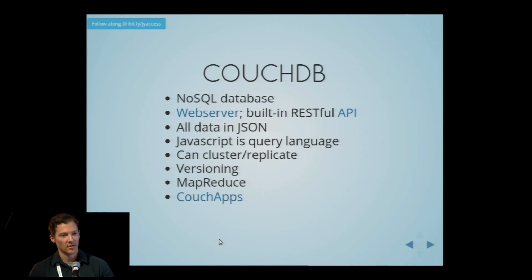So you can replicate not only your data across multiple Couch instances, but you can replicate the actual application as well, which I haven't tried out. If you just go to Couch Apps or Google Couch Apps, there's how to do it. The documentation is not quite all that extensive.